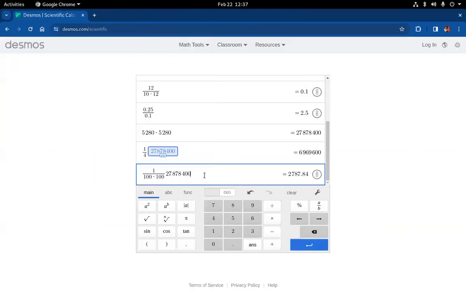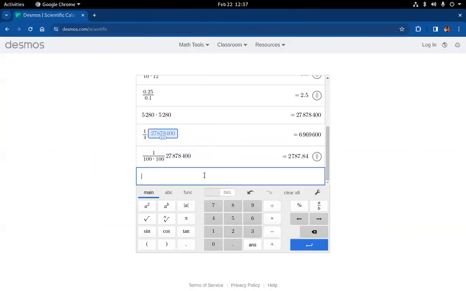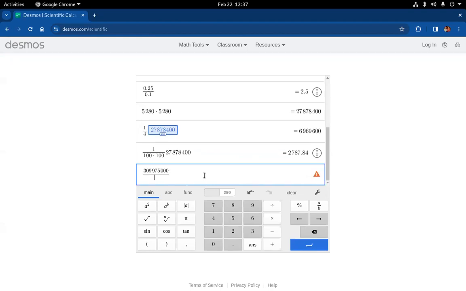In Desmos, to calculate the population density of the United States, I take the population in 2010, which was 309,975,000, and divide that by the area, which is 3,717,000. I get a population density for the US of about 83 people per square mile.